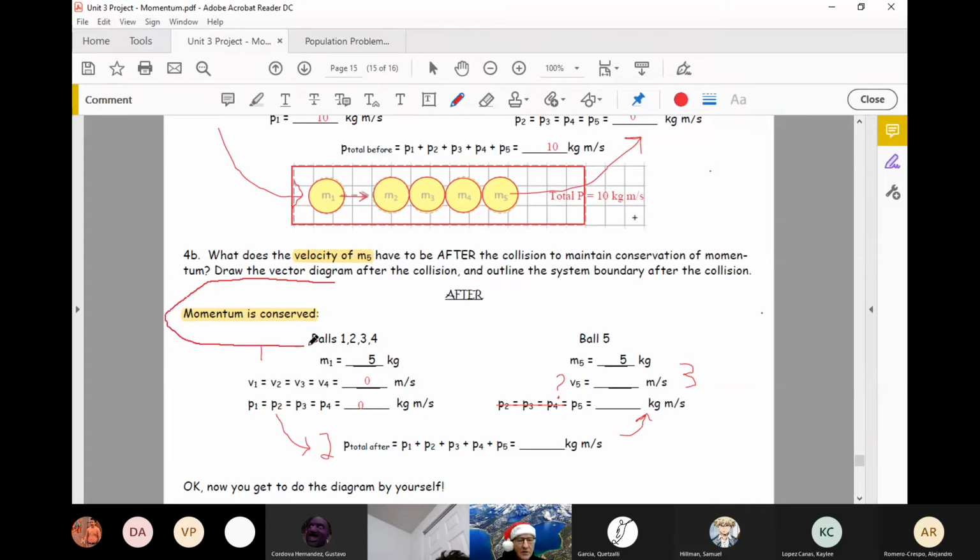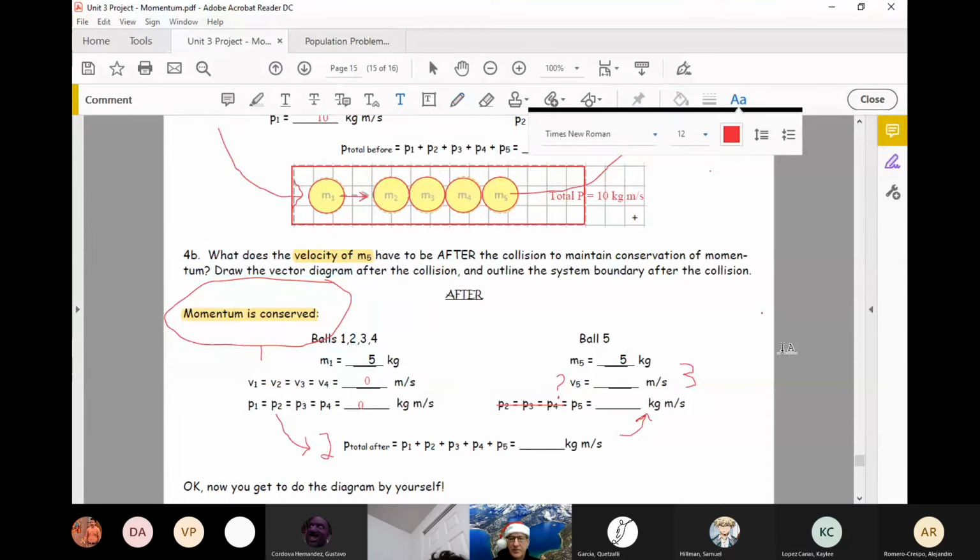And remember this: momentum is conserved before and after the collision. Wait, what was the momentum for ball 5? That's what we have to figure out. We have to figure this one out backwards. To do that, we have to think about the fact that momentum is conserved in this collision.